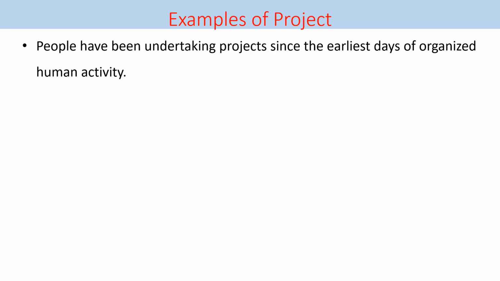Let us see some of the old-time projects, the giant projects. People have been undertaking projects since the earliest day of organized human activity. So let us see some of the old-time projects. The Apollo project, to send a man to the moon, was conducted by NASA around 15 years ago.